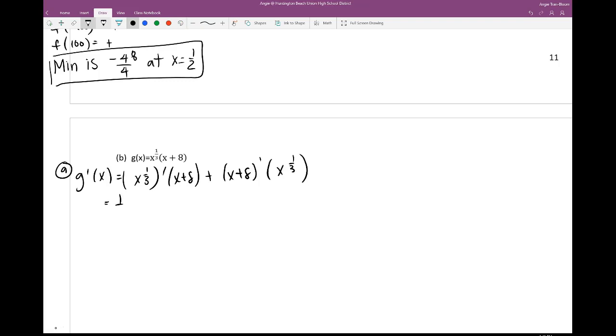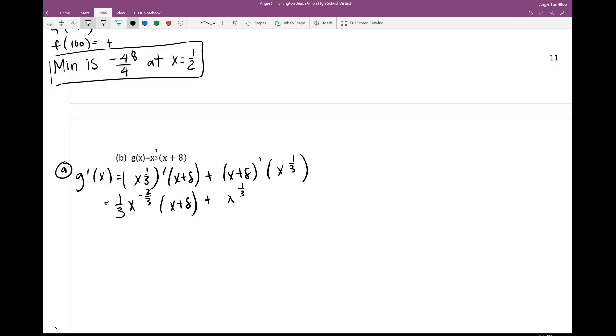So this is going to be 1/3 x to the negative 2/3 times x plus 8. The derivative of x plus 8 is really 1, so that doesn't really matter, because 1 times x to the 1/3 is x to the 1/3. All right, then from here, we need to see if I can simplify this a little bit.